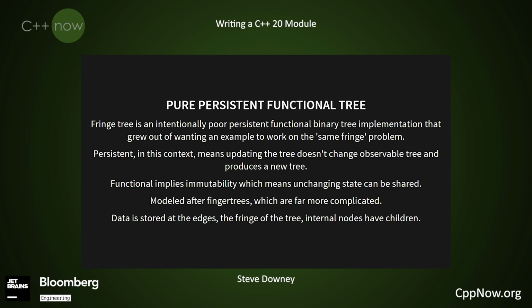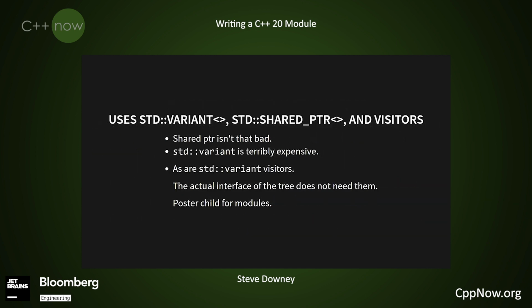They share the same API, but the internal structure of this thing is essentially a binary tree. It uses standard variant, standard shared pointers and visitors. Shared pointer isn't a particular problem delivering to customers.